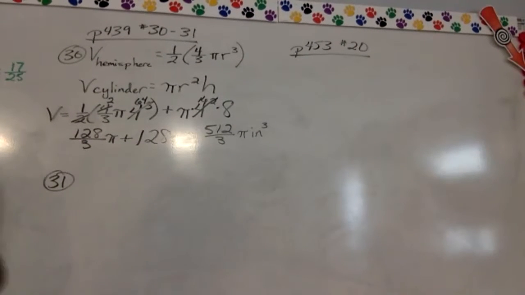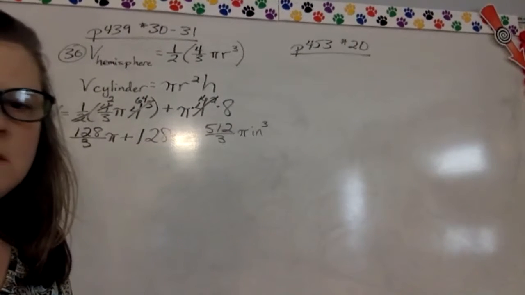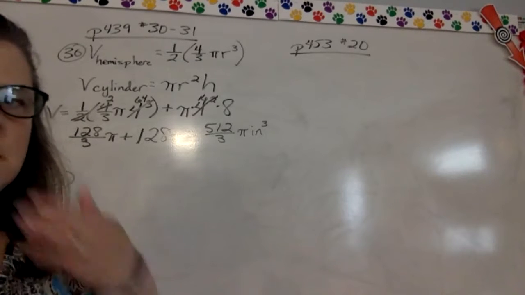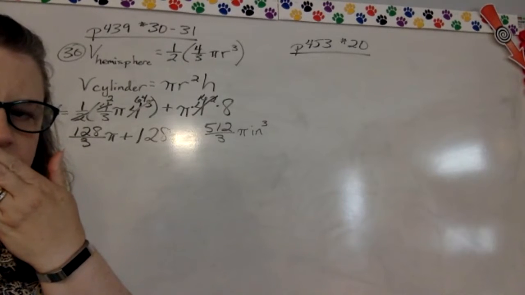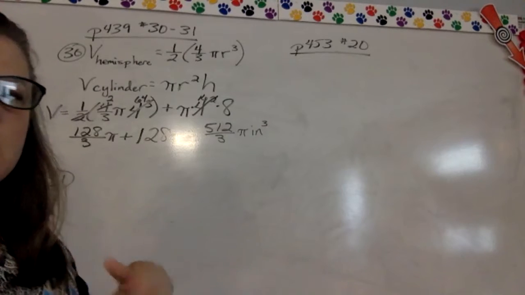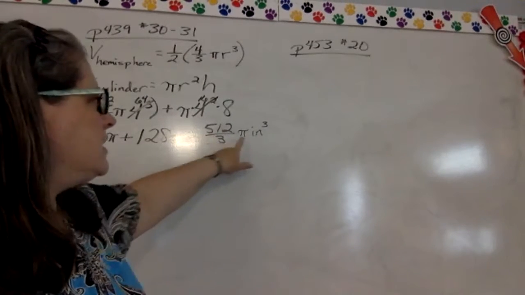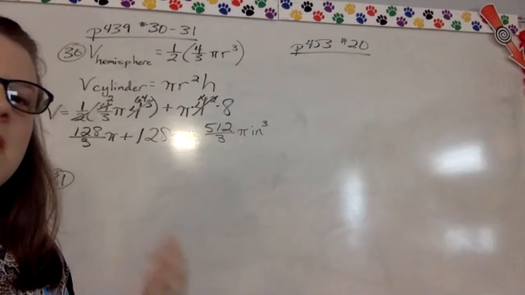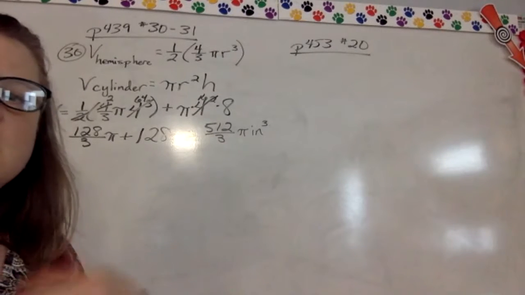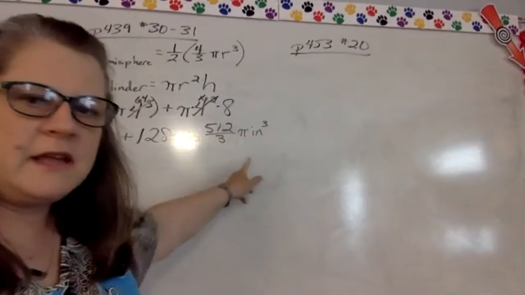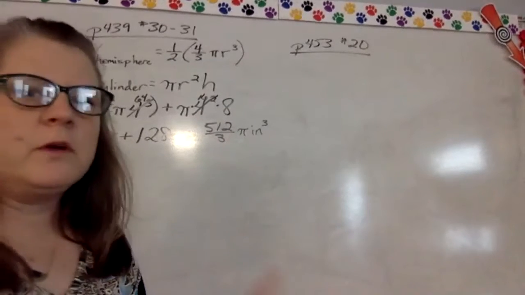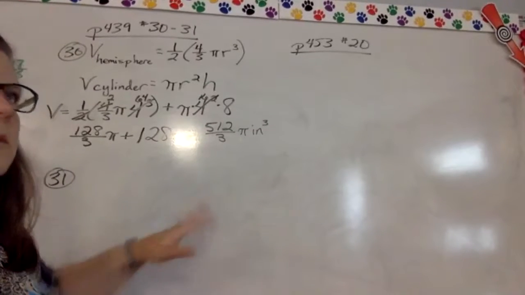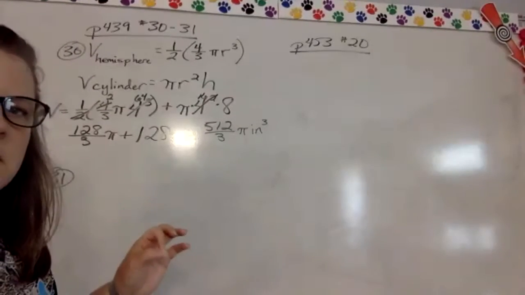Now, if we wanted to, we could look at this and change it because we can plug in something for pi and get a decimal answer. But I've told you on most of the problems that we do, I prefer you just leave pi in the answer. Don't multiply by 3.14 unless I specifically tell you to. Okay, so this is all you have to do for number 30.